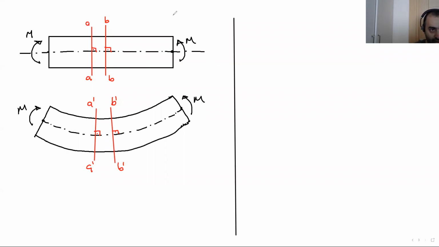Let me draw the section here. This is the section, and we have an axis like this.